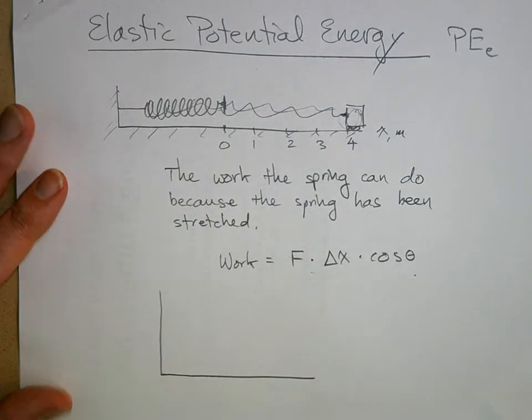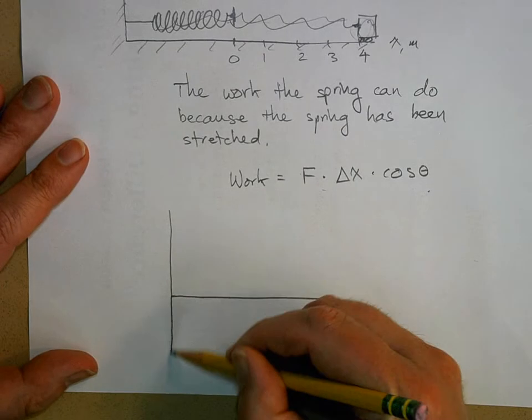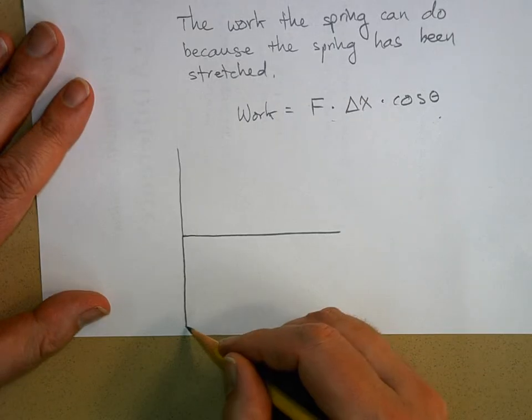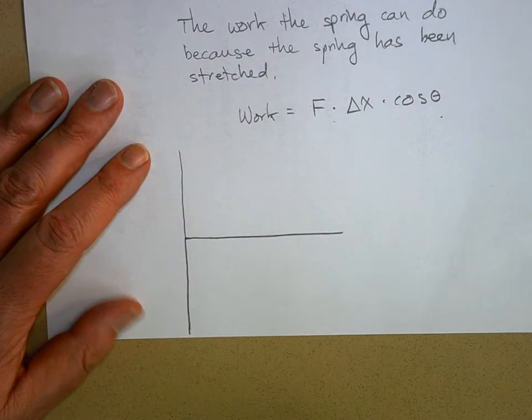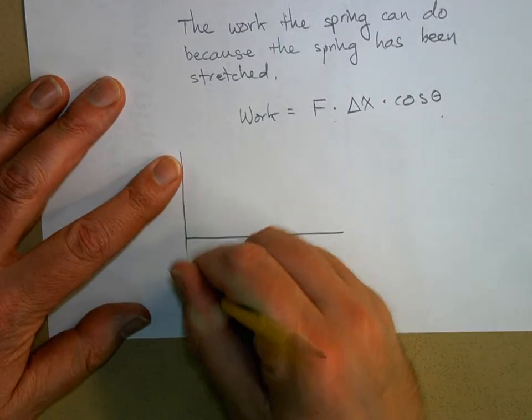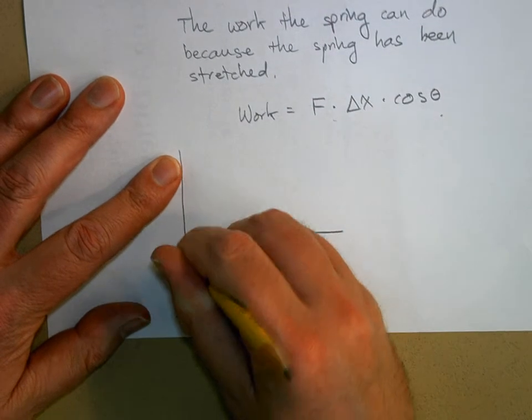Oh, actually, I'm going to do it like this. Oh, I see what I'm doing. Okay. Hold on a minute. I'm just going to do the magnitude of the force.